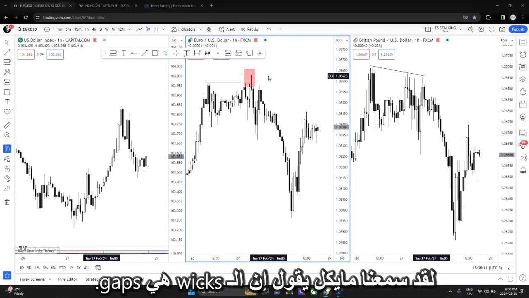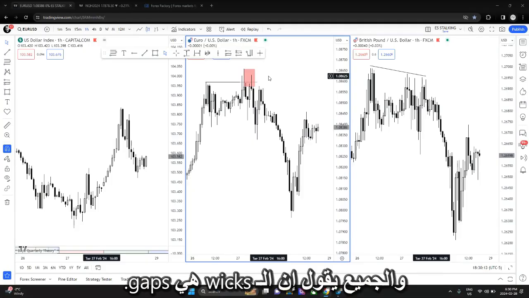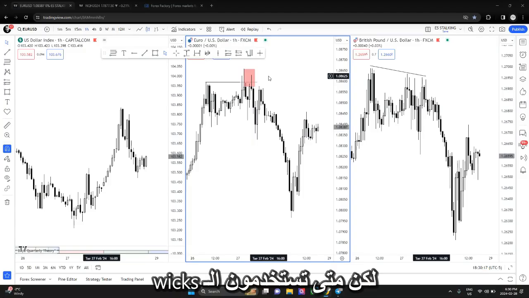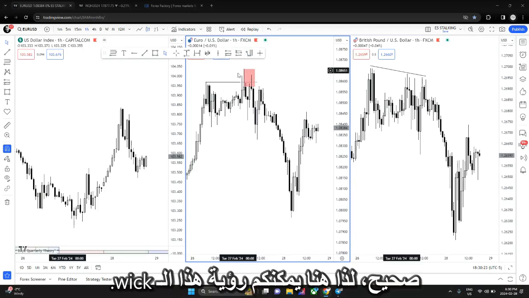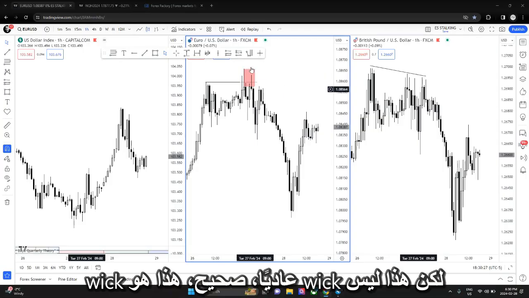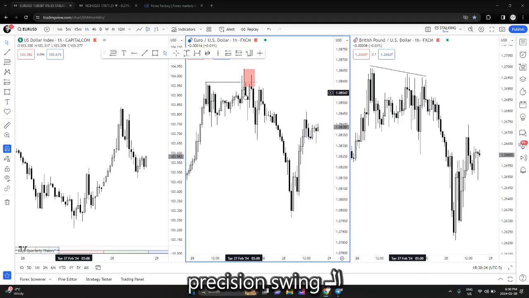Because we've heard Michael say wicks are gaps. And everyone says wicks are gaps. But when do you use wicks the way you use gaps? Here, this is one of the ways, right? So right here, you can see this wick, but this is not a normal wick, right? This is the wick of the precision swing point.